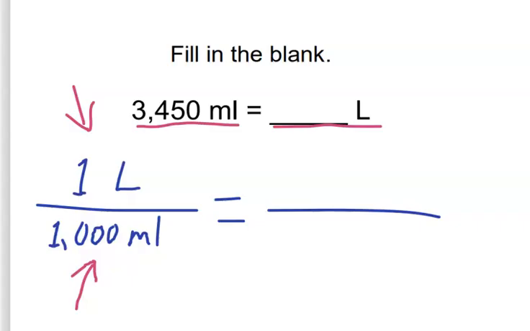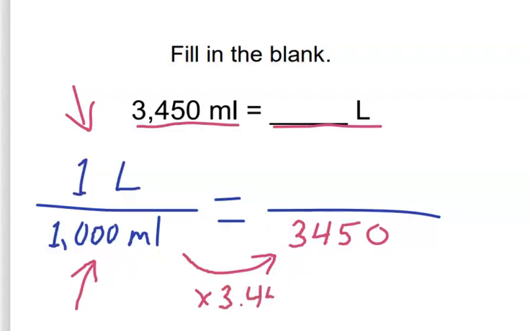But let's just go ahead and go from 1,000 to 3,450. So to find out how many 1,000s go into it, you're going to take 3,450 divided by 1,000. And that's going to equal 3.45. So basically, to get from 1,000 to 3,450, you're going to multiply by 3.45, right?